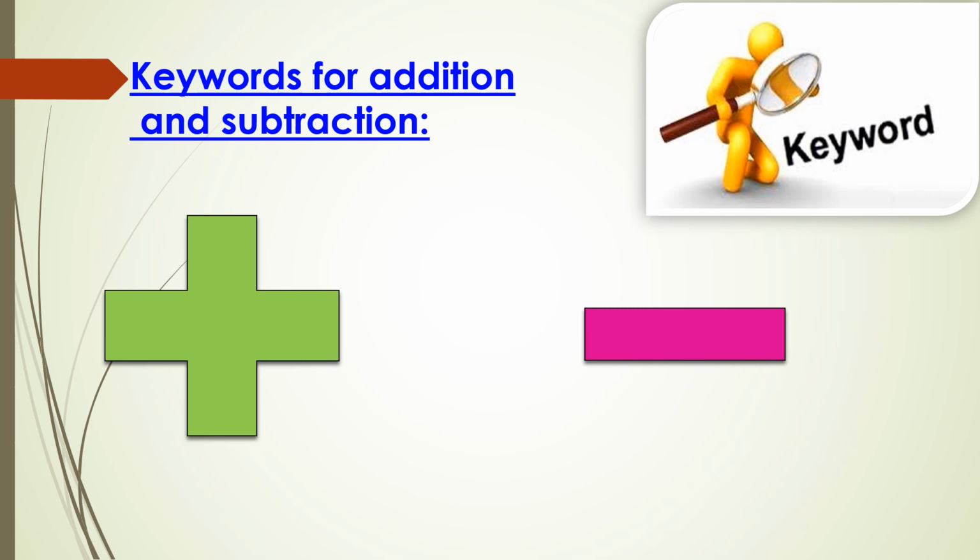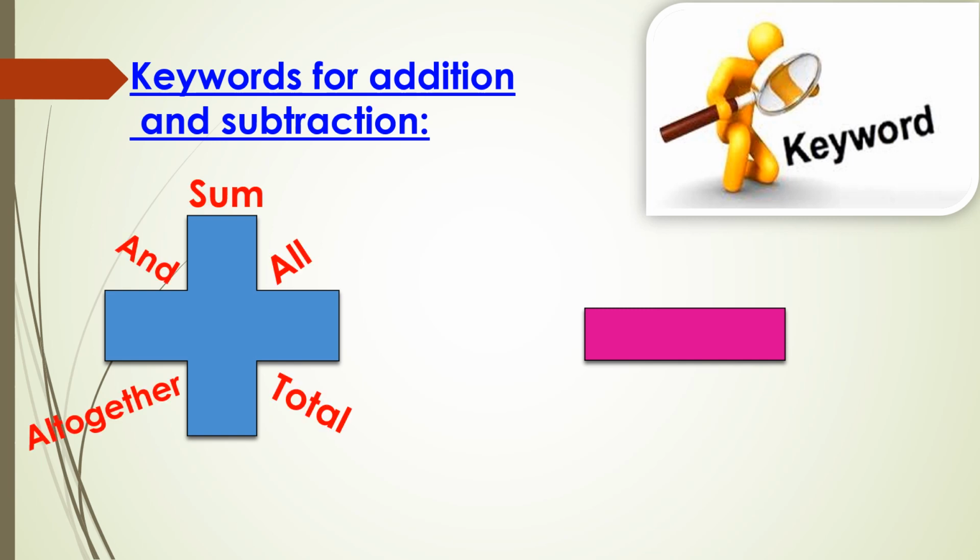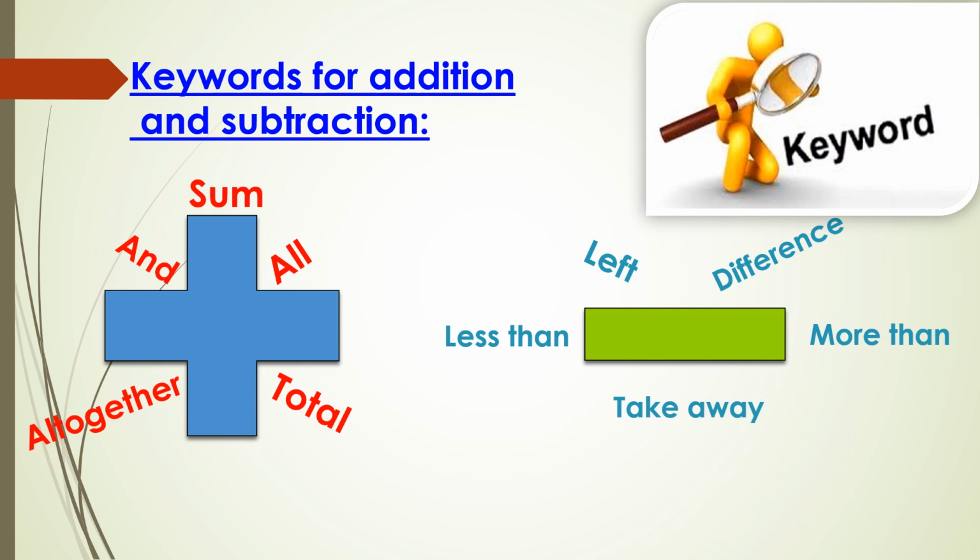Addition keywords are sum, all together, total, while subtraction keywords are more than, less than, difference, left, and take away.